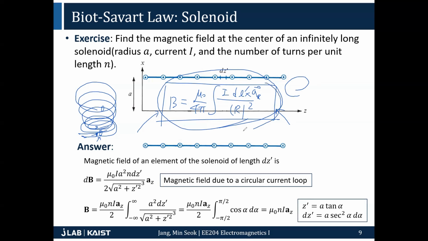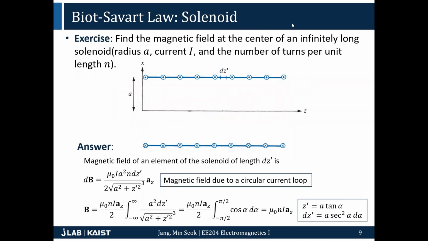But here, this integration is insensitive to a small change. And especially if you have infinitely many turns, then in terms of current density, it's basically the same. So that's how we can make this type of approximation. Both of these are nice questions.